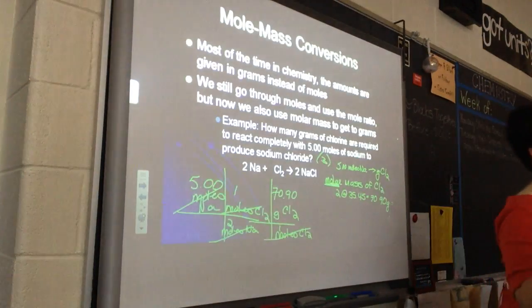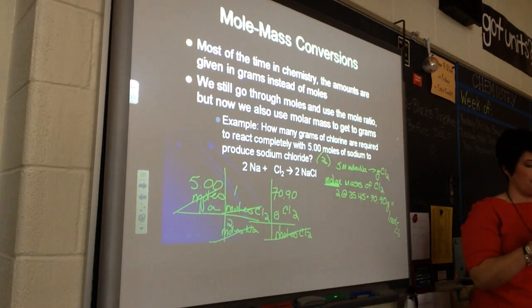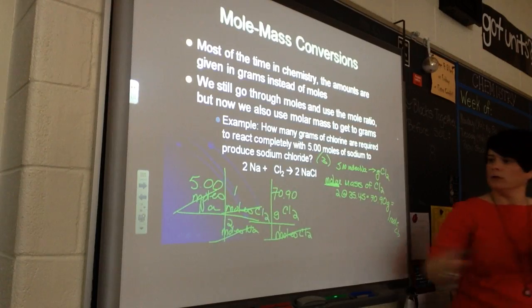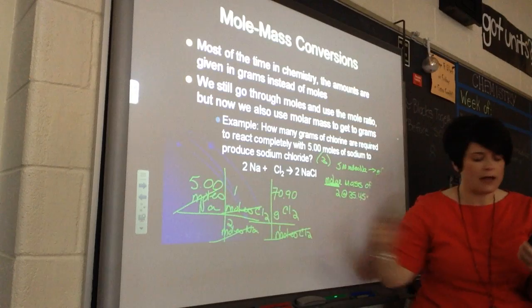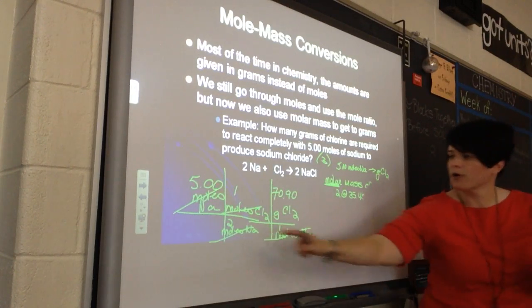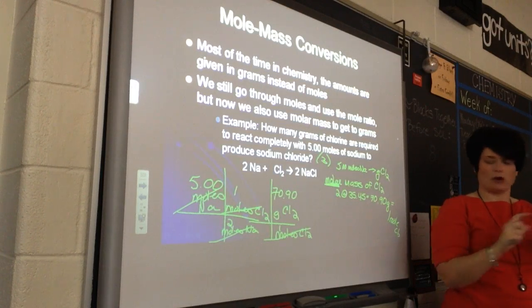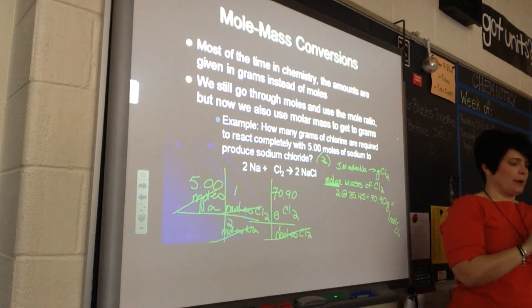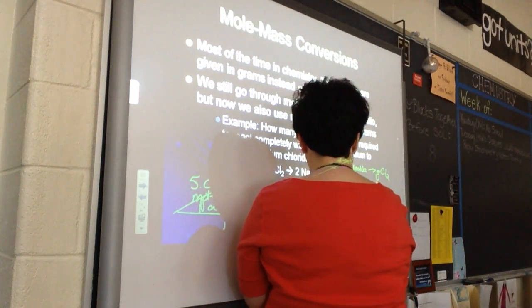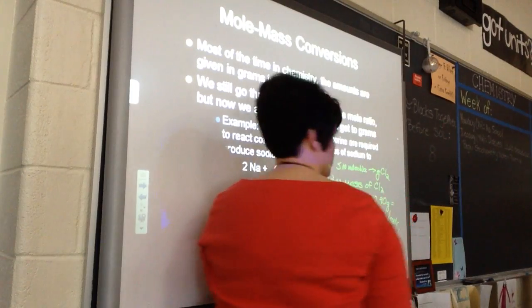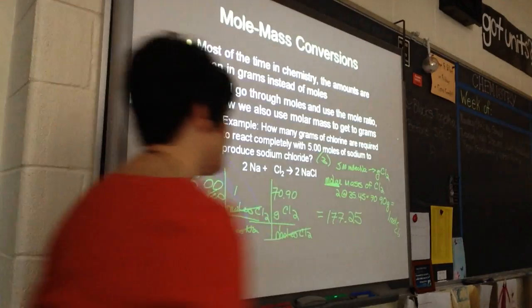Now, the math. 5.00 times 1, enter. Drop and divide by 2, enter, go up and multiply times 70.90, enter, drop and divide by 1. 177.25. What of what? Grams Cl2.